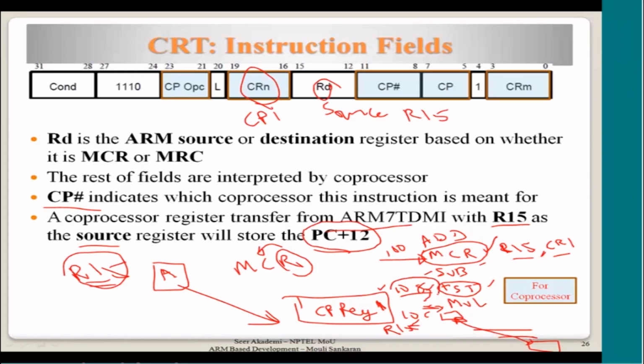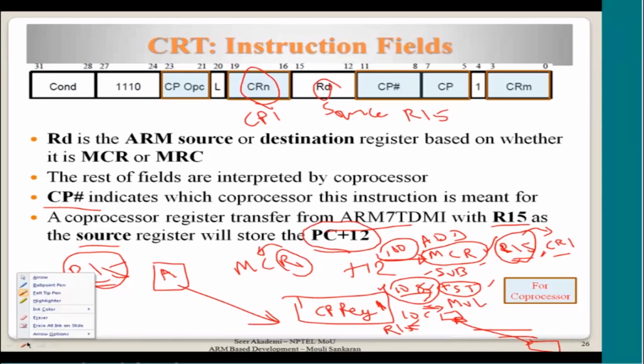But the instruction address would have been incremented to the next value, which happens to be this value plus 12. So if R15 is the source register to be moved into the coprocessor register, what you will get is the PC plus 12 value. That is what is explained by this bullet. I hope this is clear to you.